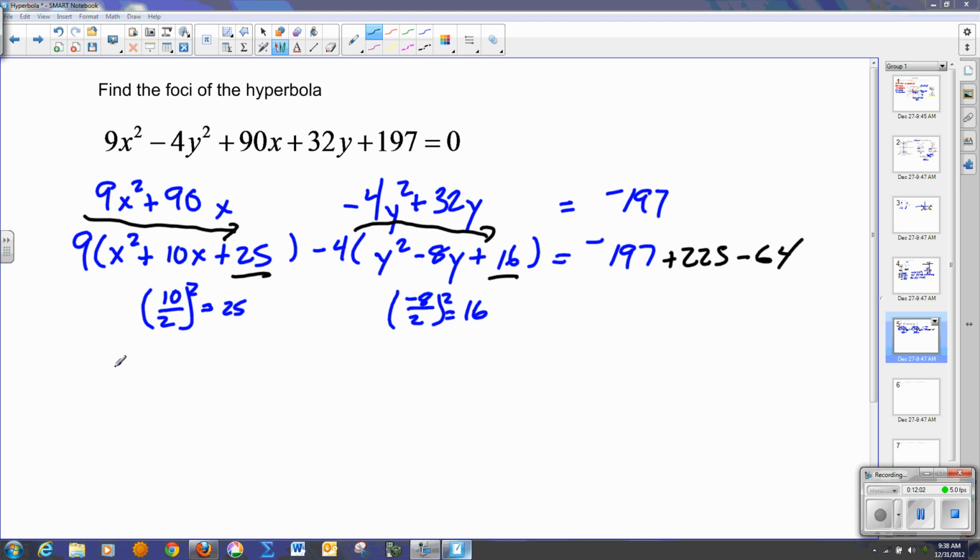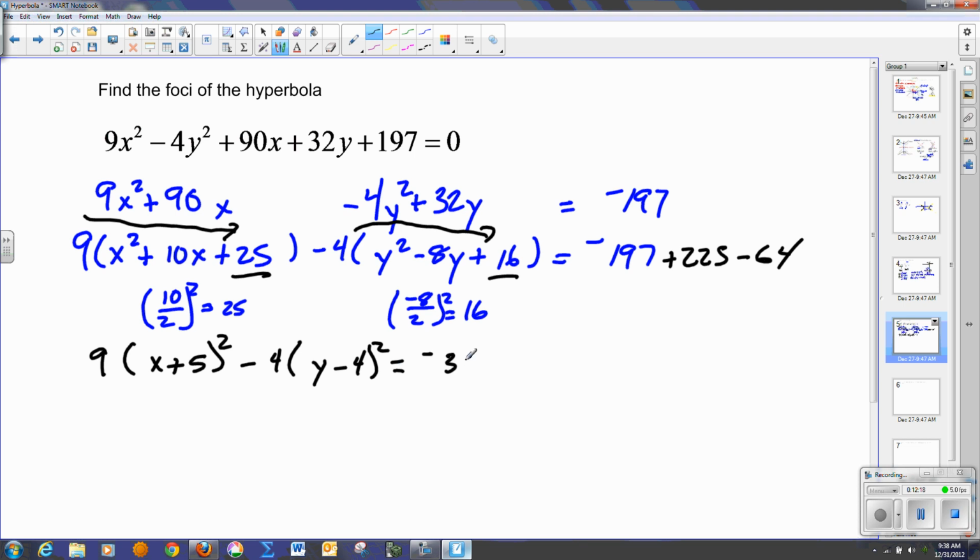So what I have now is 9 times (x plus 5) squared minus 4 times (y minus 4) squared is equal to -36.